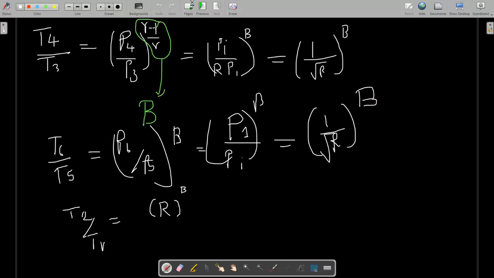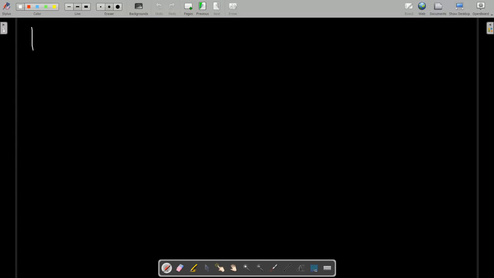the net work done equation. So the net work done in this case is Cp T3, and T4 by T3 is 1 minus 1 upon R power B by 2.